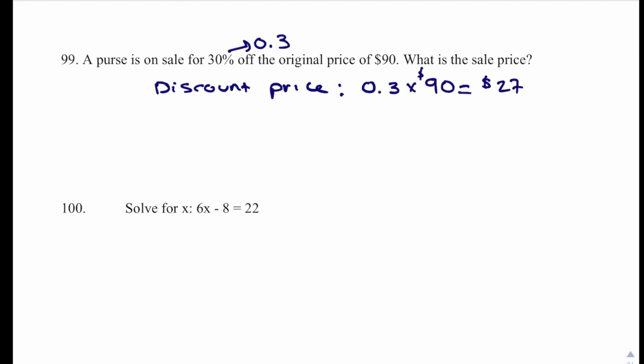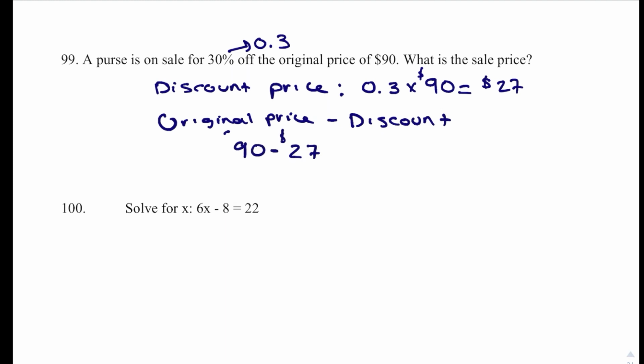So 27 is our discount price. So in order to figure out the total sale cost, we take the original price minus the discount. It's going to be 90 minus the $27 discount equals $63, and that is our answer.